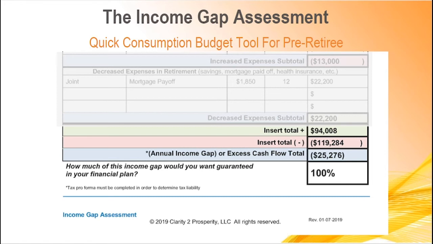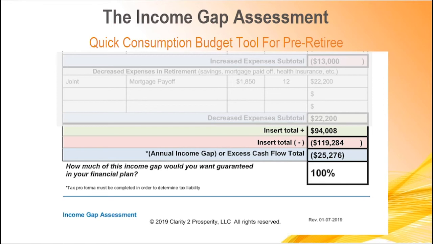As you may remember from earlier, this client had Social Security income and pension income, plus they were going to pay off the mortgage of $22,000. So if you add all of those together, they're going to have $94,008 as that green section. That's basically income gained in retirement.